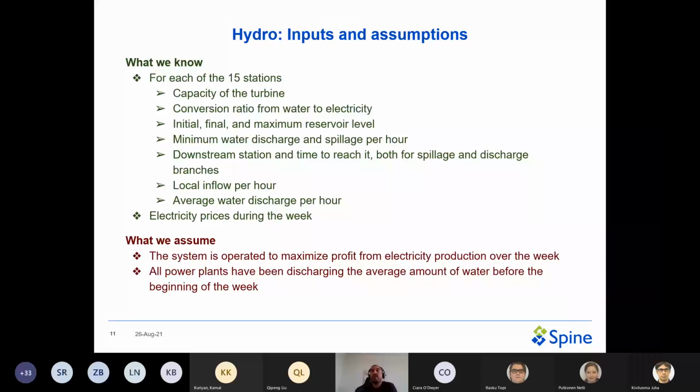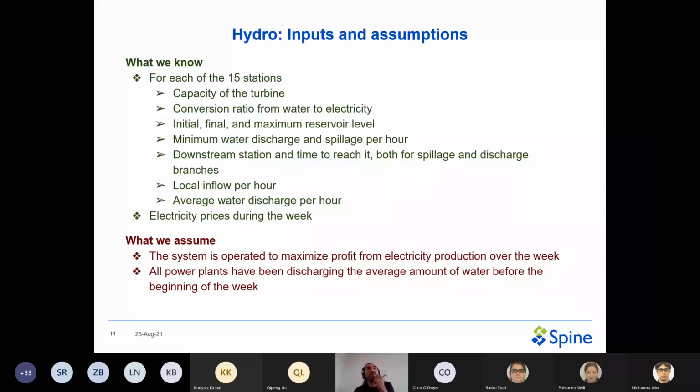And this model, I should say right away, combines water flows with electricity flows. And we have some input data for each of the 15 power stations in this river. We know the parameters, including the capacity of the turbine and the ratio at which it converts water to electricity. We also have reservoir level parameters, so initial, final, and maximum level.